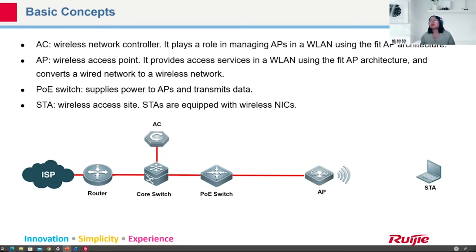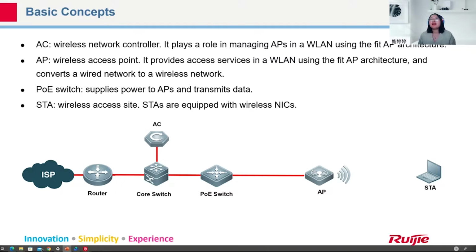Usually, the PoE switch is connected with the AP because if the AP wants to work, we have to provide power. One way is to connect the power directly to the AP, and another solution is to connect the AP to the PoE switch, which uses the Ethernet cable to provide power for the AP.